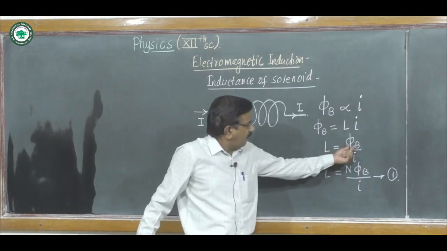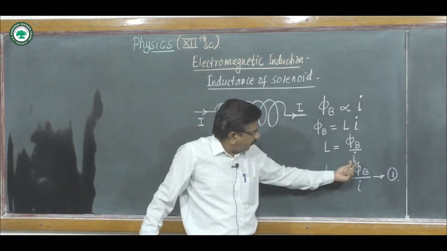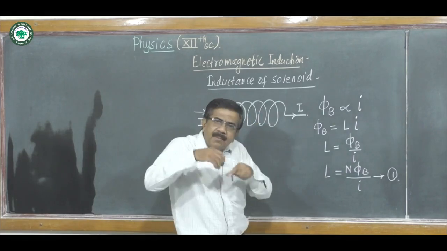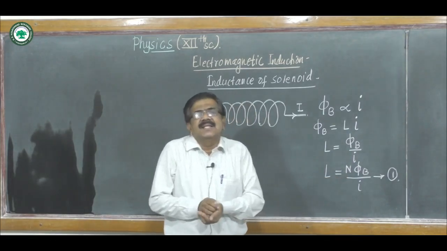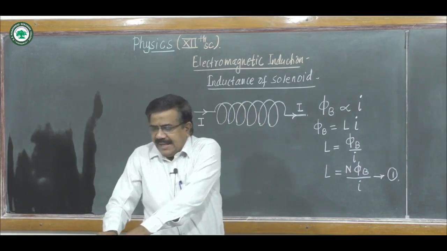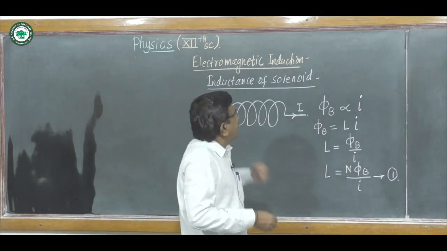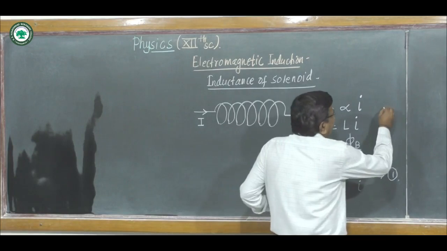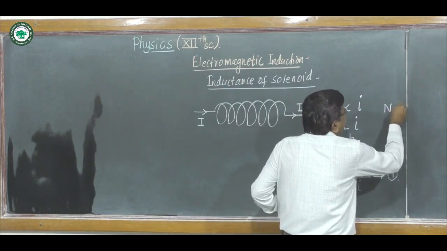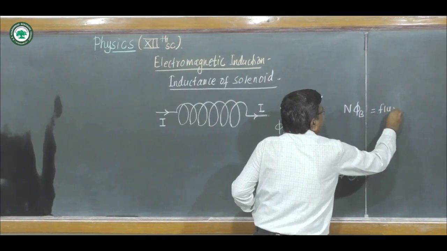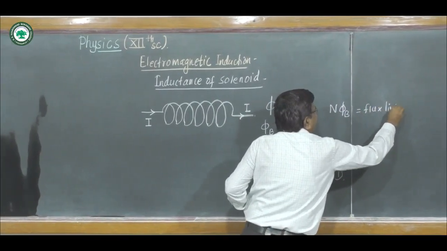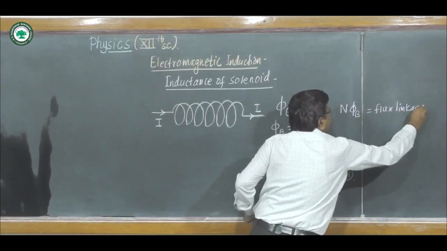For one turn of coil, we write it as phi B upon I. If number of turns are capital N, we write this L as N phi B upon I. This term N phi B is called as flux linkage.